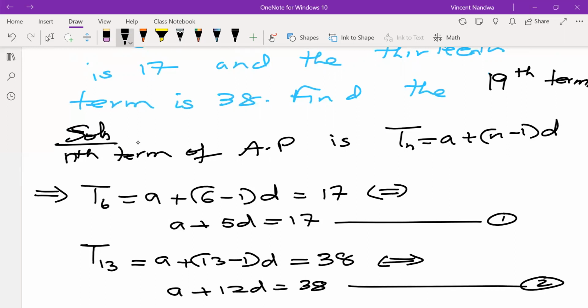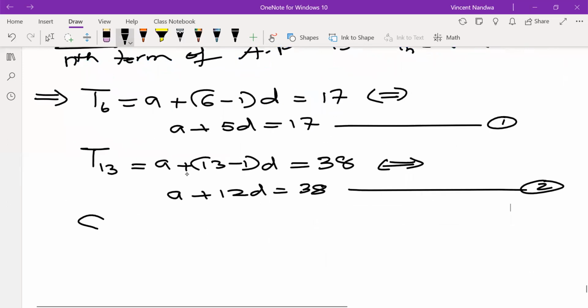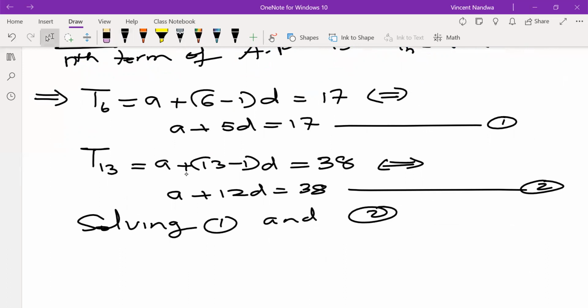Then you solve 1 and 2 simultaneously. So if I say equation 1 minus equation 2, I'll have A minus A is 0, 5D minus 12D is minus 7D, 17 minus 38 is minus 21.